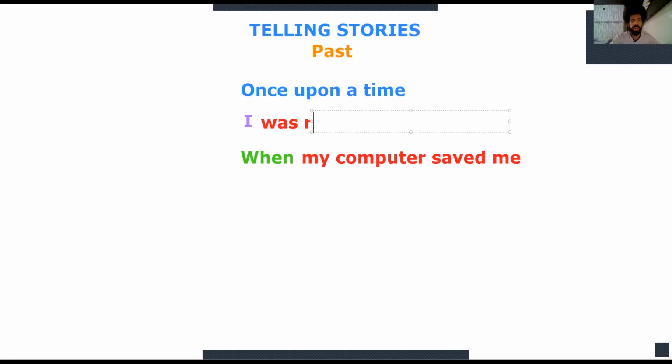You see, this is past continuous, was running, and then this action is cut by this action. My computer saved me. See, ed, this is simple past. Introduction, pronoun, first action, time expression, second action. All right? So this is all about, not all, but anyway, telling stories.